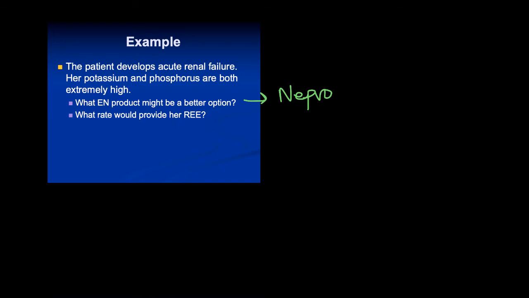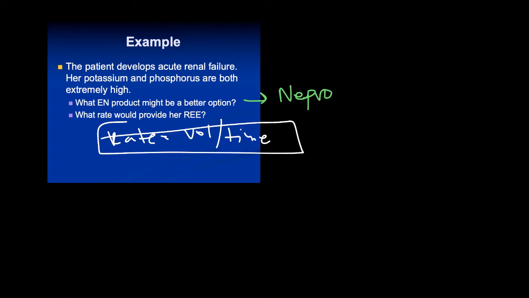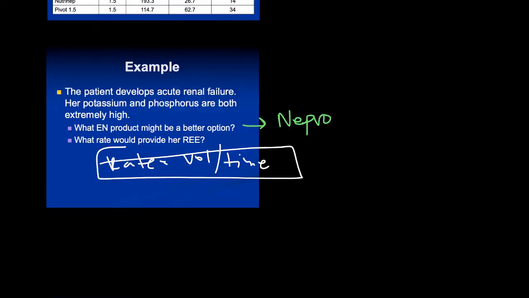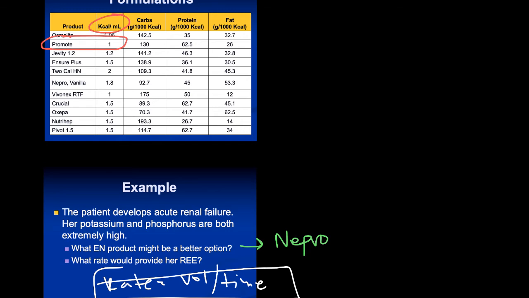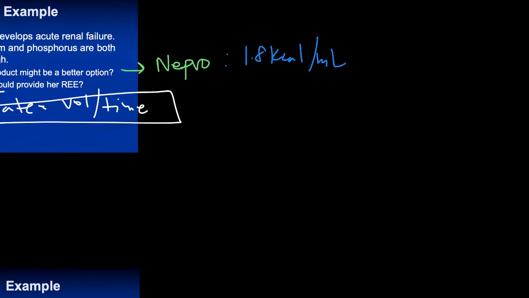What rate would provide her resting energy expenditure? Okay, remember your rate is always milliliters, or volume over time. So you know your units have to be volume over time for this answer. Caloric density of Nepro is 1.8 kcal per mL.